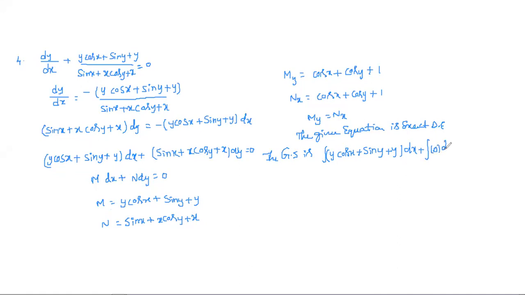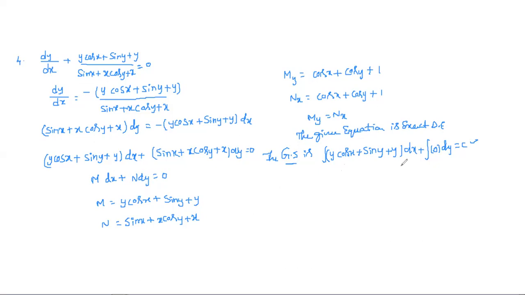No term, so simply 0. So it is equal to c. Don't forget to write c. Why? Because general solution means the number of arbitrary constants must be equal to the order of the differential equation. If you don't write c, that is not a general solution, that is only a particular solution.